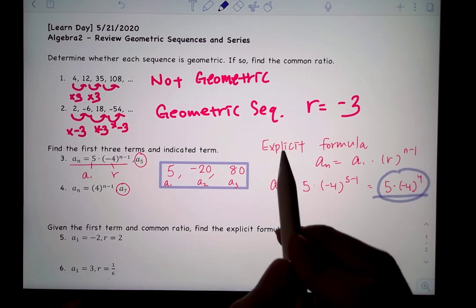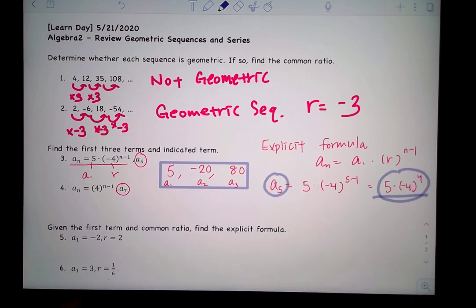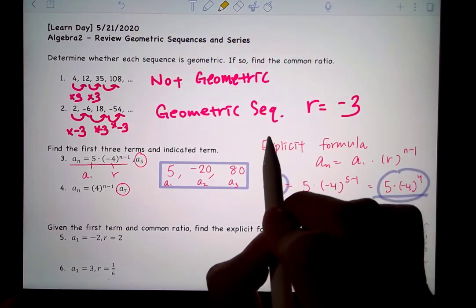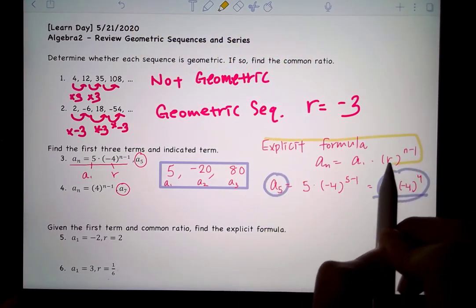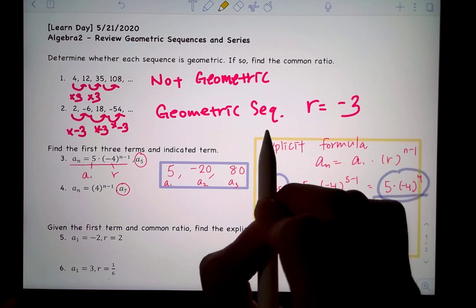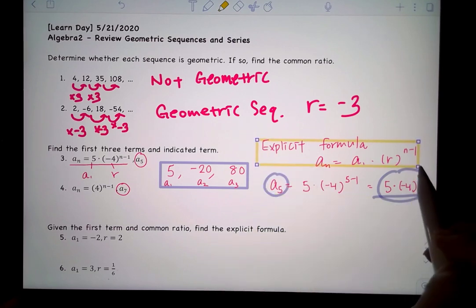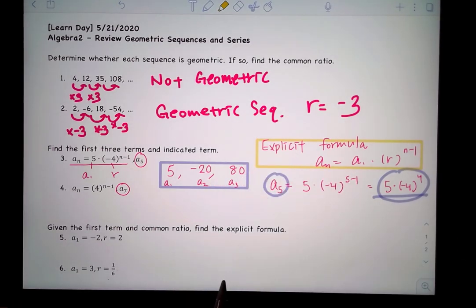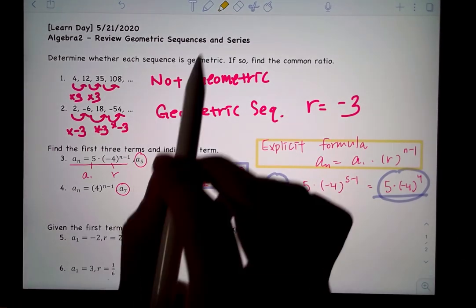And that one, A5. So you need to follow directions. Whatever they ask, you need to find that. And like this one, I'm gonna make it a box. Okay. So this is the formula, right? And then number 4.